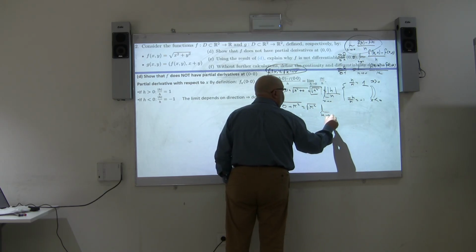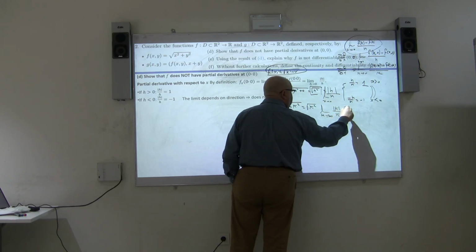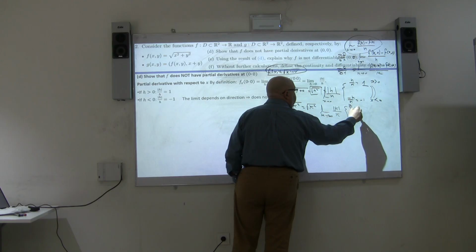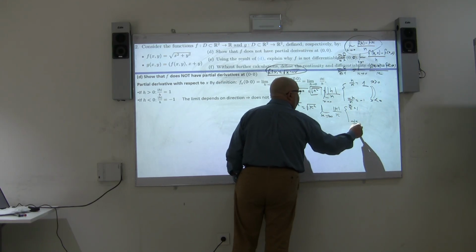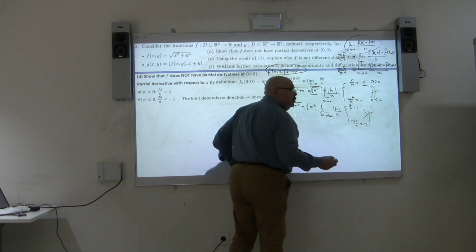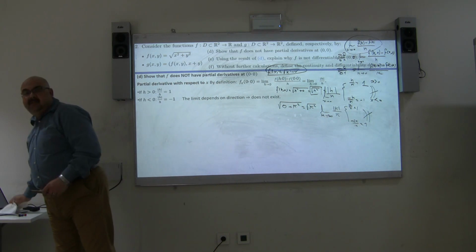The limit as k tends to 0 of absolute k divided by k is once more either k over k, which is 1, or negative k over k, which is negative 1, and they are not equal to each other. So once more, the partial derivative doesn't exist.